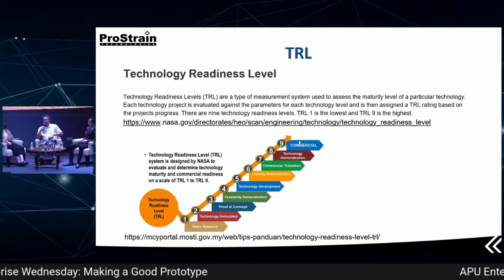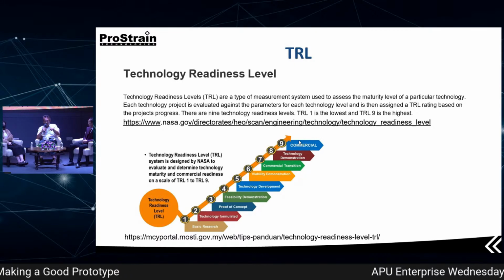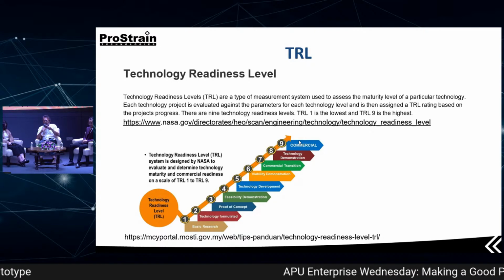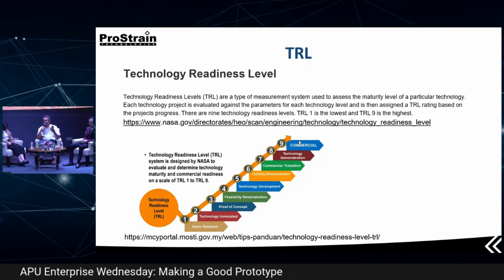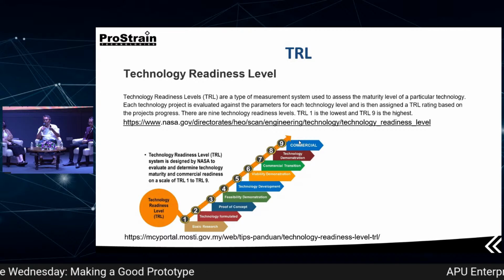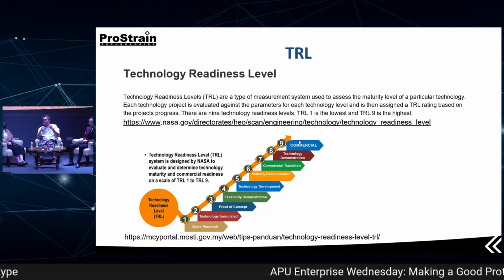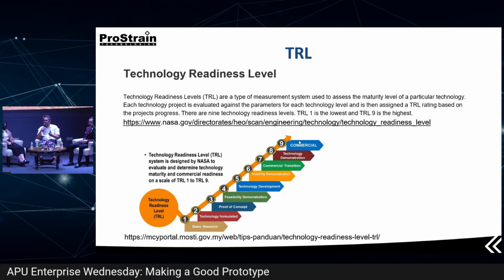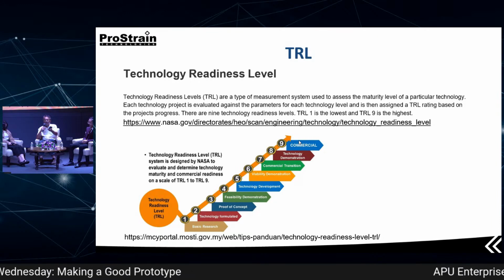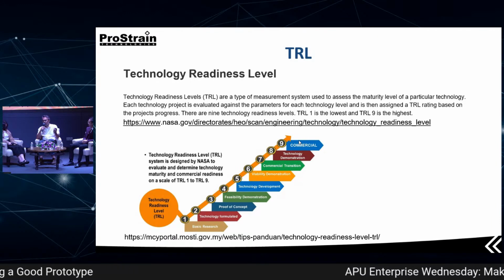In TRL, you can see that in TRL 7, the prototype has already transformed into a product, something that can be sold. Before that it is still a prototype. 7, 8, 9 is already a product, it's marketable, and at 9 you achieve maturity. It means like the iPhone, which is used with no problem.